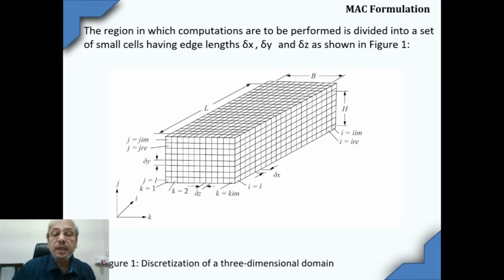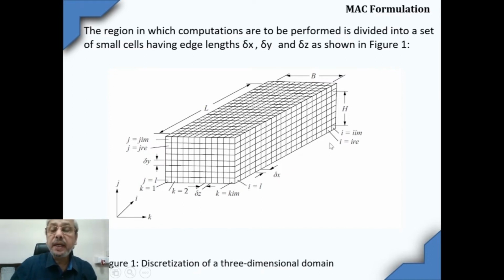Shown in this figure, you can see that these delta x's form the length, so it extends from I equal to 1 to I equal to maximum value IIM. The last but one cell is called IIRE. Here also the second cell is I equal to 2. Why this IRE has been specifically used, we will discuss a little later.